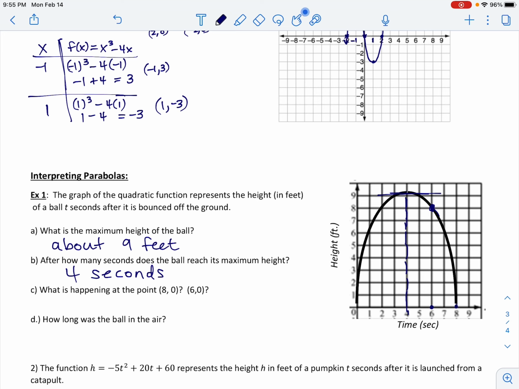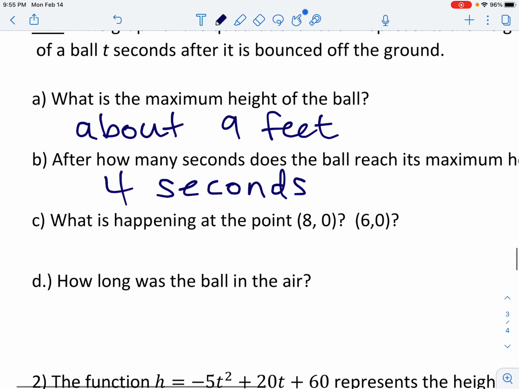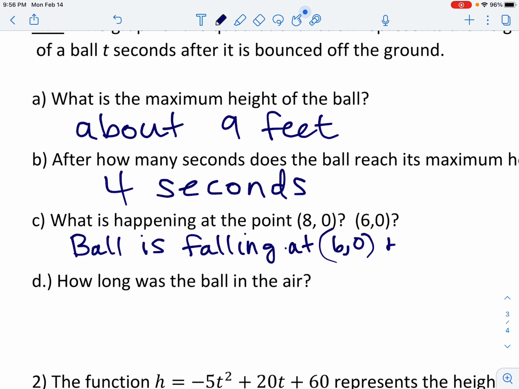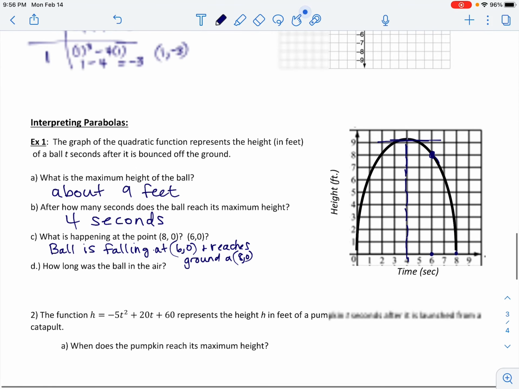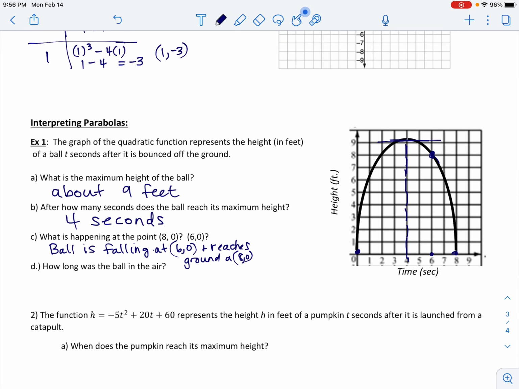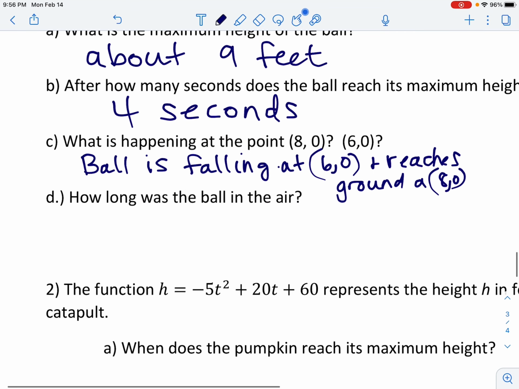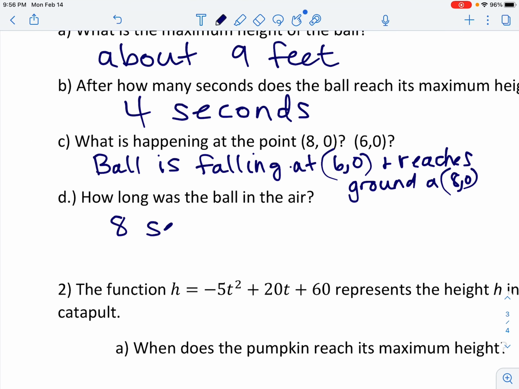The ball is dropping or falling. The ball is falling at 6, 0 and reaches the ground at 8, 0. And how long was the ball in the air? Well, it started off at 0 and it ended at 8 seconds. So the ball had to be in the air for 8 seconds.